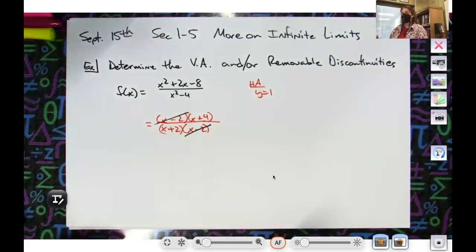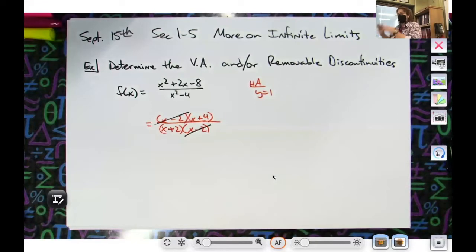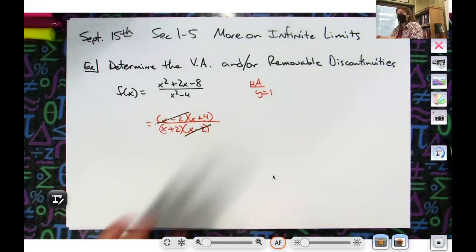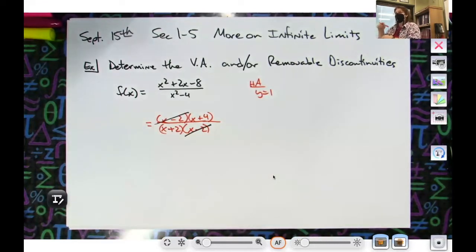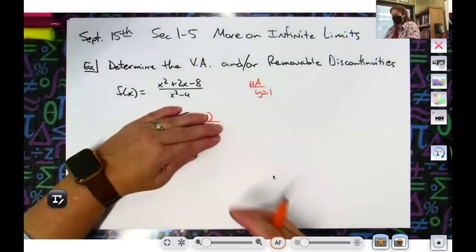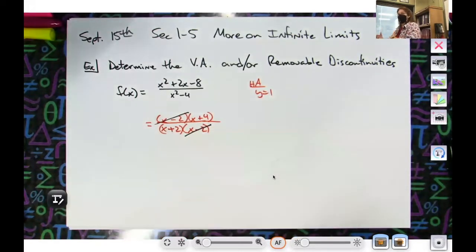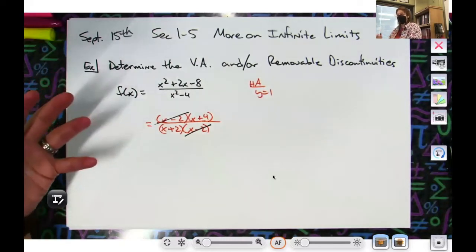A removable discontinuity. Okay, so when we were doing vertical asymptotes last year, and I said set the bottom equal to 0 and solve, and then plug it back in and see if it equals 0 or not, us plugging it back in was algebraically taking care of the factoring and crossing it out. It was letting you know, oh, we have to throw that out because it's not a vertical asymptote. Now we know it's a removable discontinuity, and we know it's a hole.